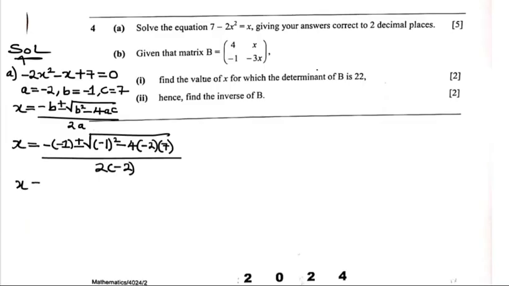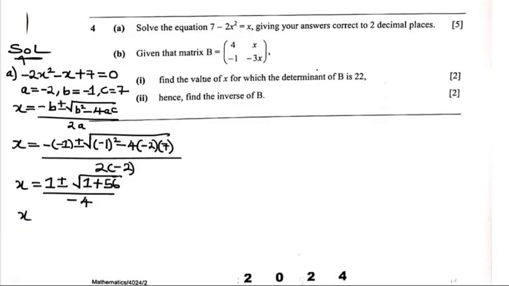So x is going to equal negative times negative 1, that gives positive 1. Then we maintain plus or minus square root. Negative 1 squared gives 1. Then negative 4 times negative 2 times 7 gives positive 56, so plus 56. Then below, we get 2 times negative 2, that gives negative 4.